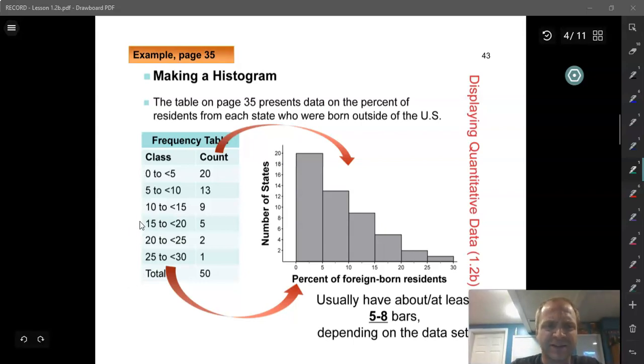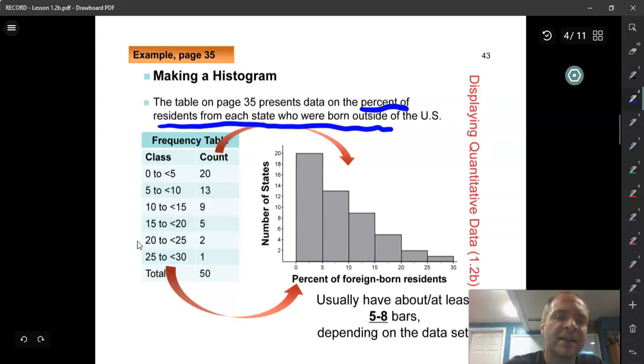These classes represent the percent of residents from each state who were born outside of the United States. That is right there in your classes, and you can see it even labeled on the axes.